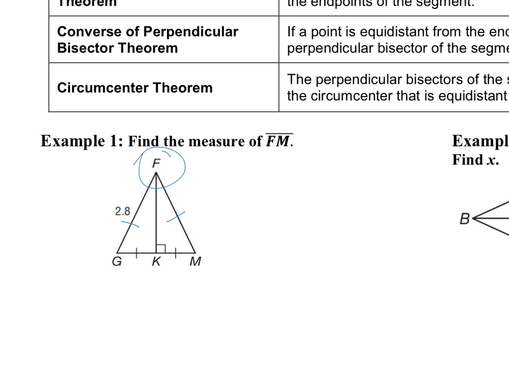So if FG, we find that FG is equal to FM, and what that means is that then FM has to be 2.8.